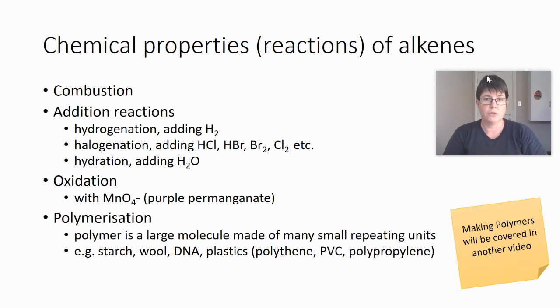This can either use HCl, HBr, Br2 or Cl2 or other halogens. Hydration is adding water to alkenes. Oxidation means adding oxygen, and this can be done with a strong oxidizing agent, permanganate, which is colored purple.